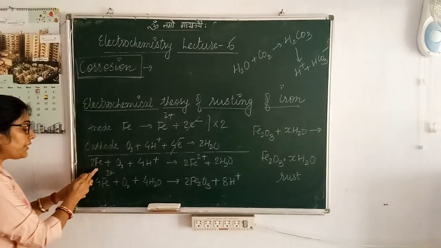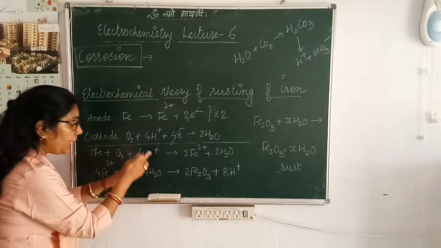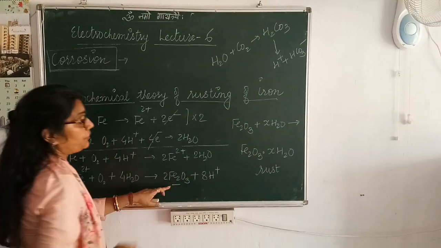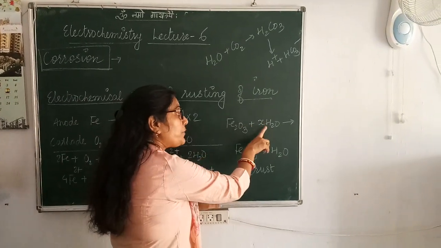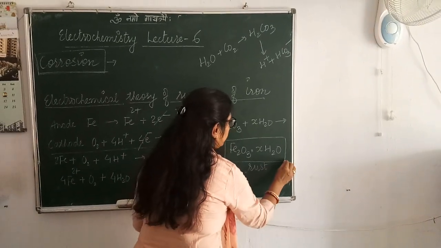Then the overall reaction is this. This Fe2+ with oxygen in the presence of water vapor forms ferric oxide and H+. This Fe2O3 combines with x moles of water, and this is the formula of rust.